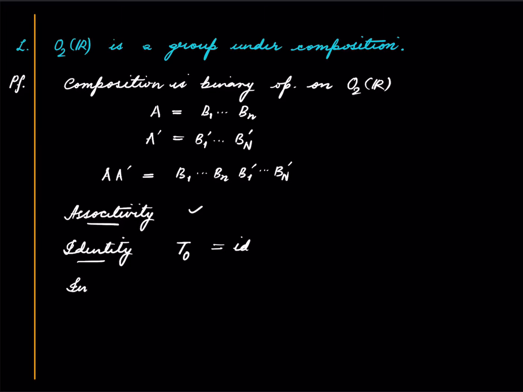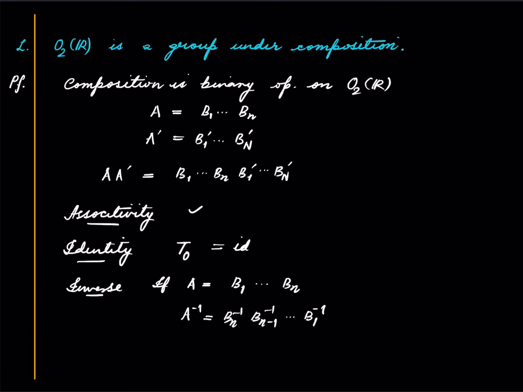And finally, inverse. So for inverse, if A is some orthogonal transformation and it is a composition of rotations and reflections, then just consider Bn inverse, Bn minus 1 inverse, and so on. One can easily verify that this is actually A inverse.